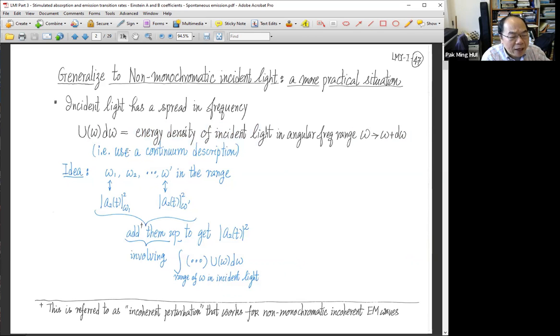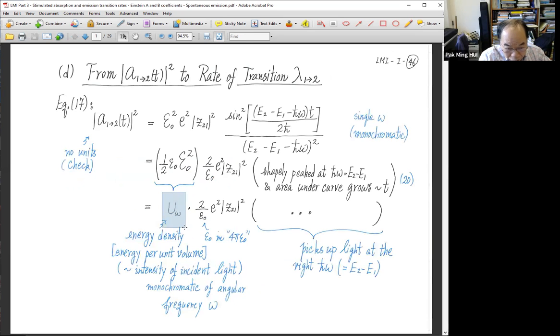Now, you have encountered such continuum description many times in previous courses, I think. For those doing statistical physics, there is something called the density of states, density of single particle states, that use this kind of idea, all right? So notice that this U of omega has a different unit from this U of subscript omega.